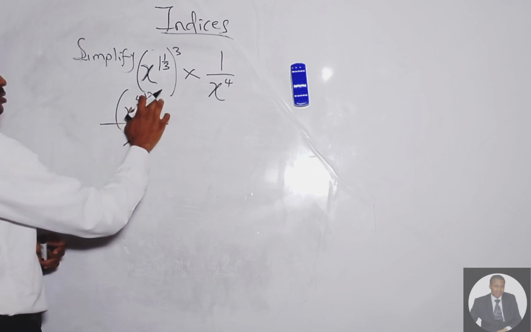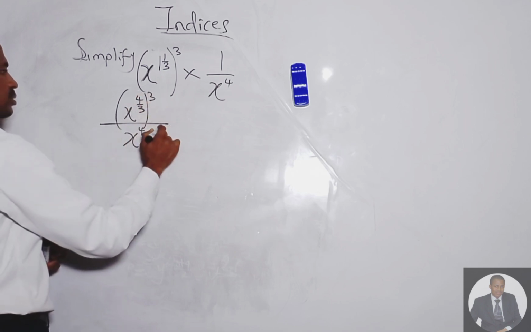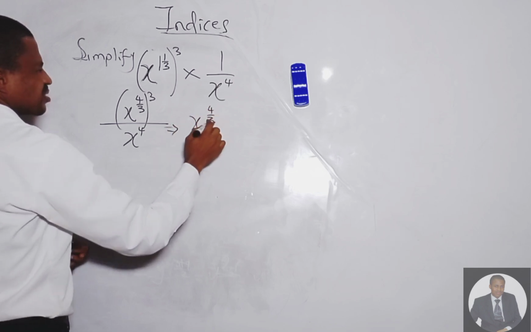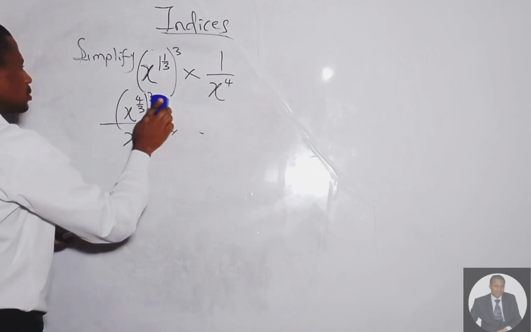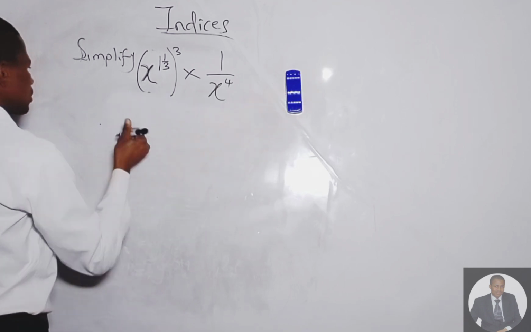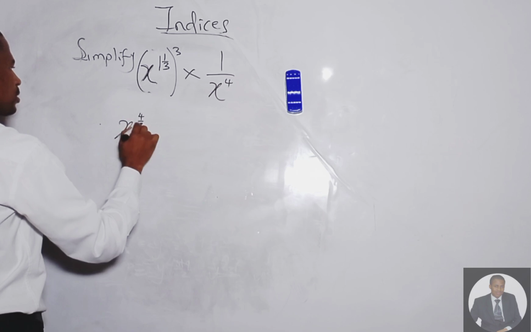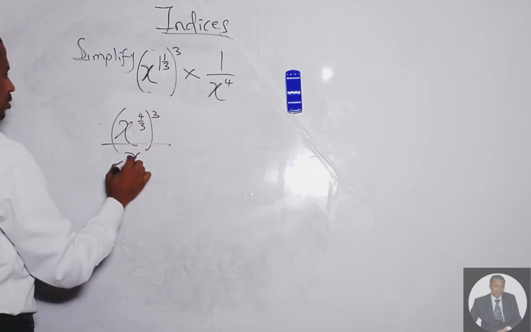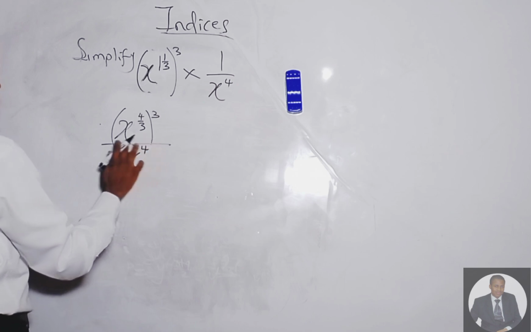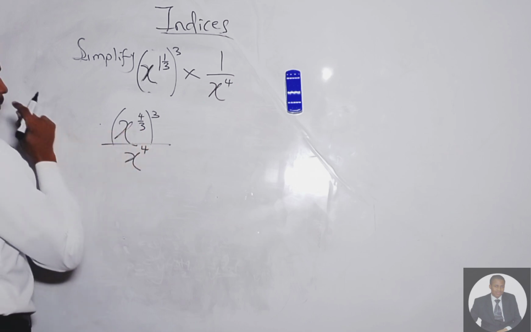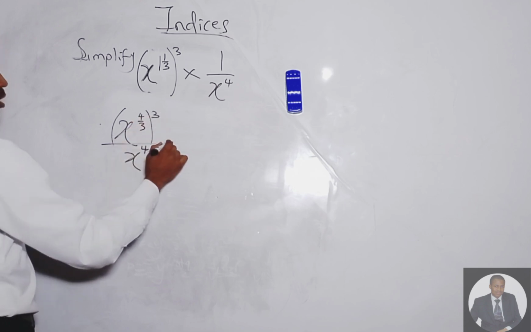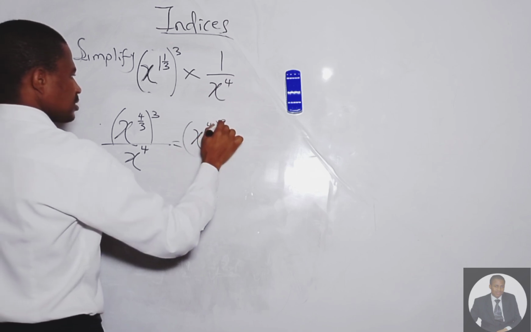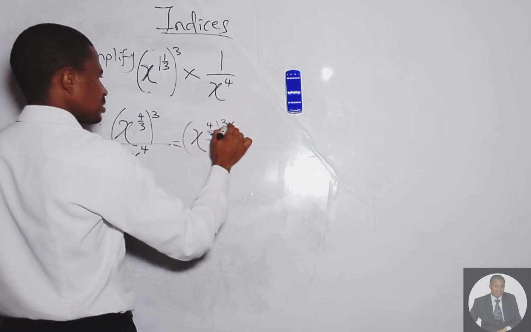Let's remove this raised to the power 3. So we'll multiply. It should be x 4 over 3 raised to the power 3, then this 3 that is raised to the power, we multiply it by 1 over 3.